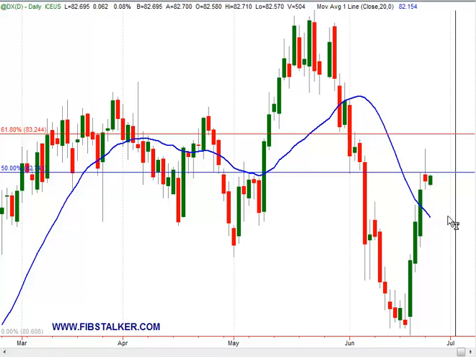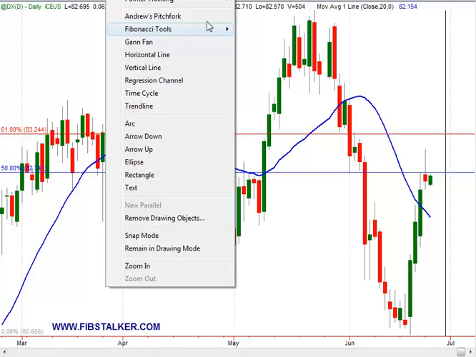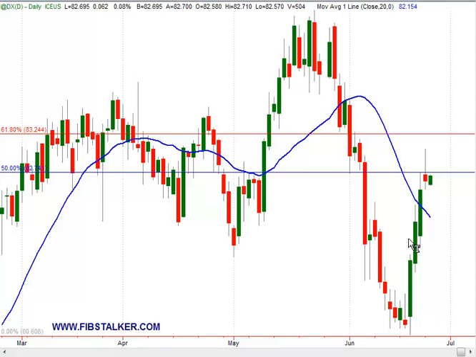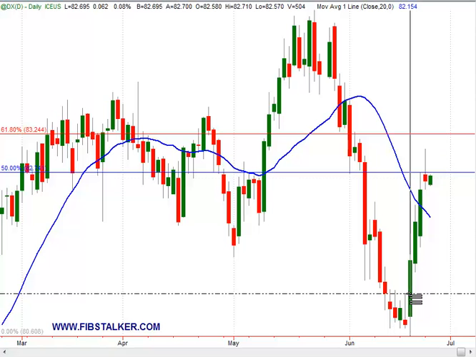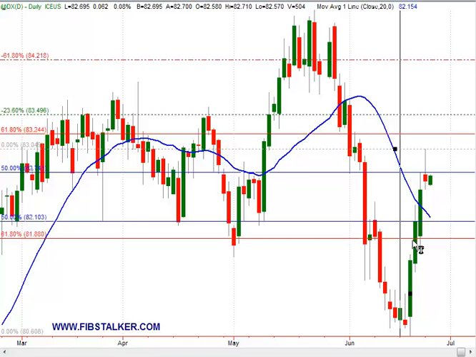So we could see this price moving back, and that's not certain. Of course, we could just see this price moving higher, but if it moves lower, the first level of support will come at this 82.10 level, which is an extension.